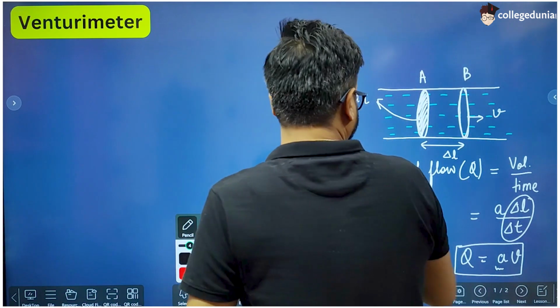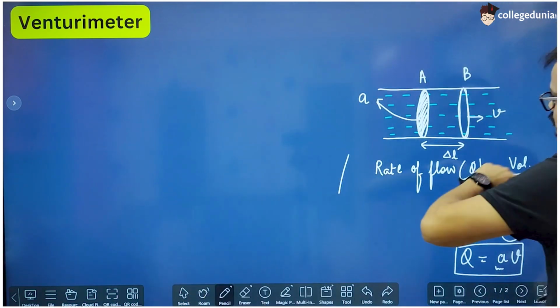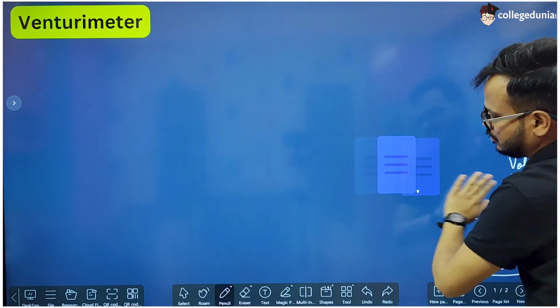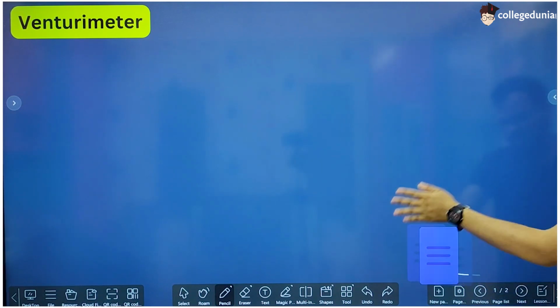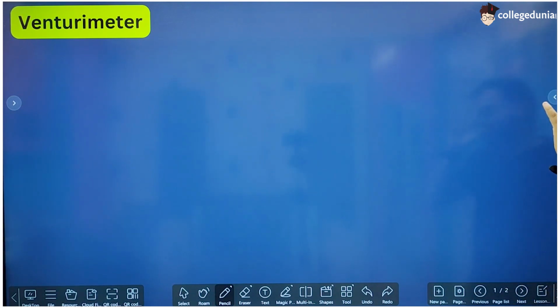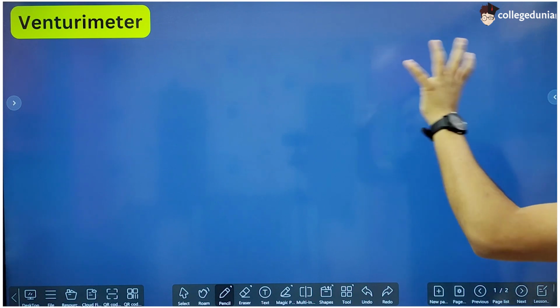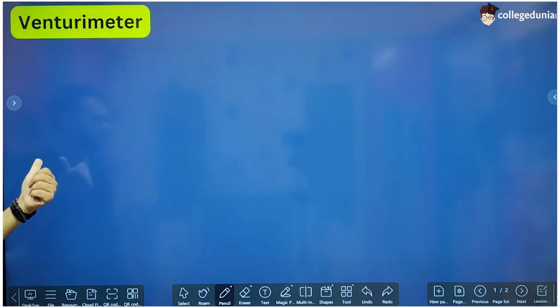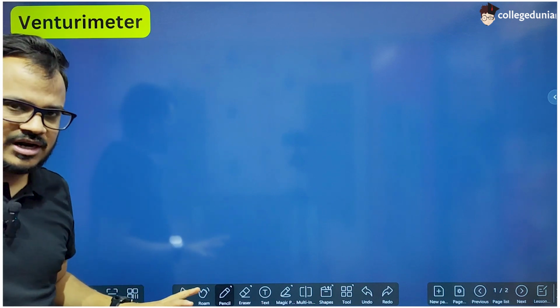I'm clearing this off because this was just to explain the working of Venturimeter, right? You need these formulae to understand the working of Venturimeter. We have just not started the main part, right?